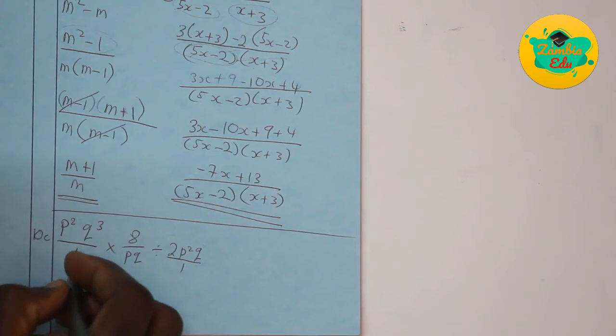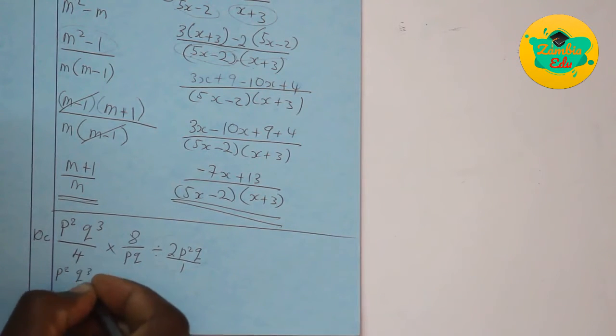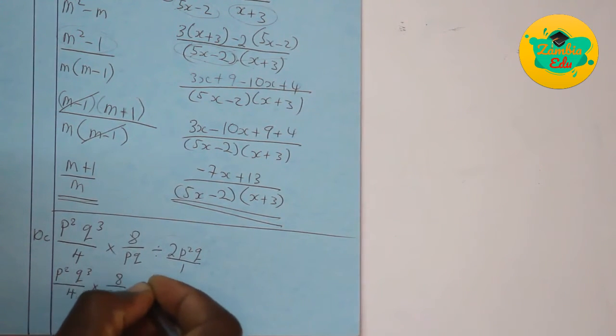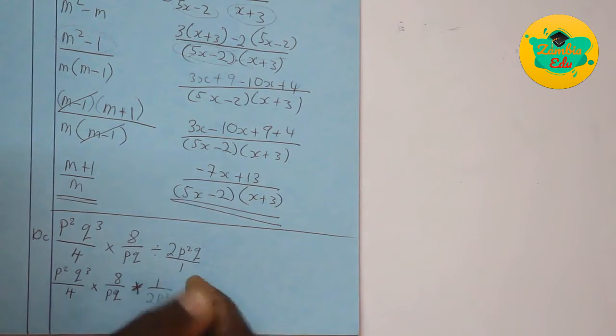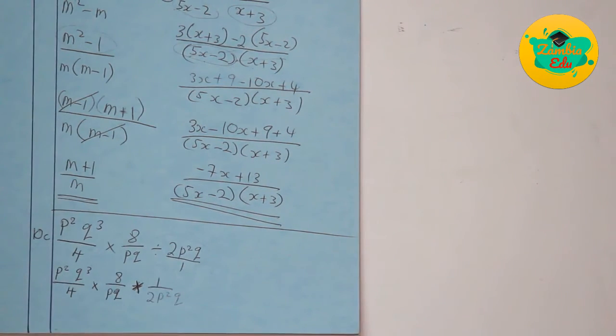We can do p squared q cubic over 4 times 8 over pq divided by, we change the division sign to multiplication, and it becomes 1 over 2p squared q. In that way.